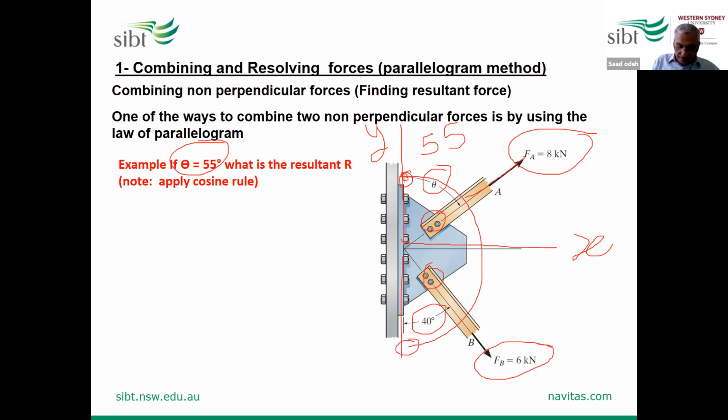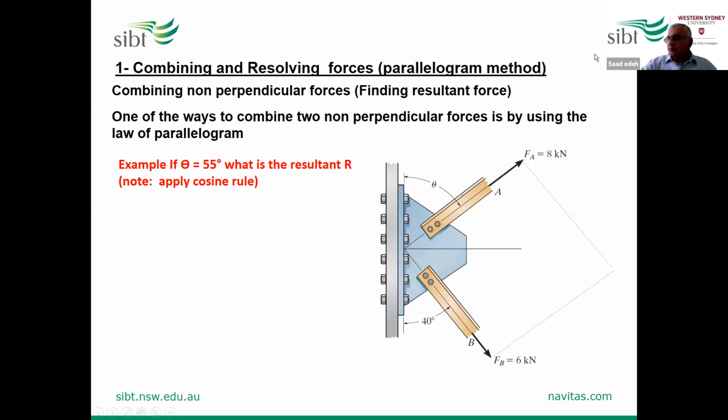So the angle in between can be found by saying 180 minus 40 minus 55. Therefore, we get the value of this angle, which is 85.